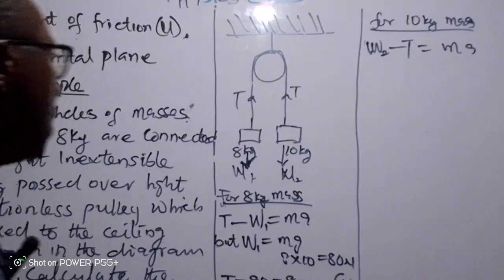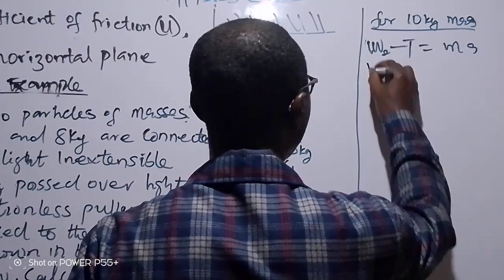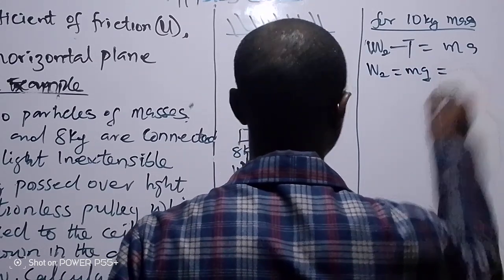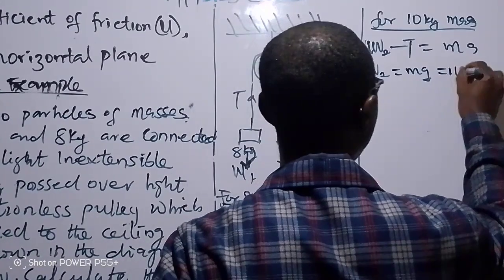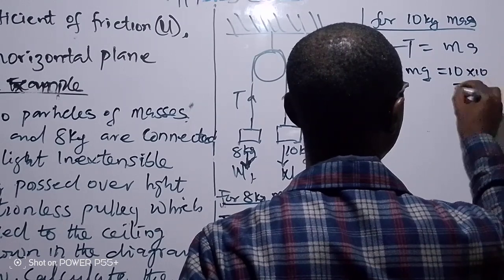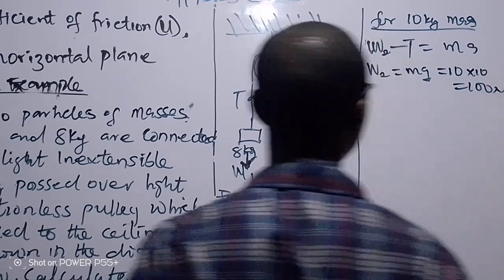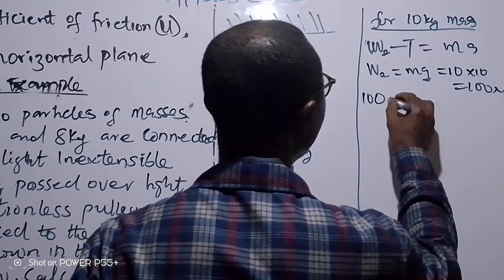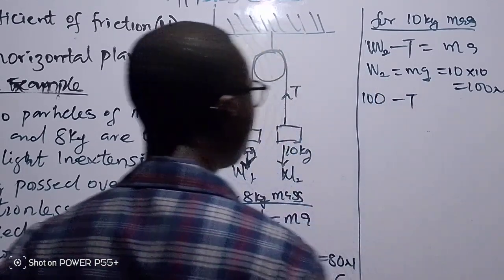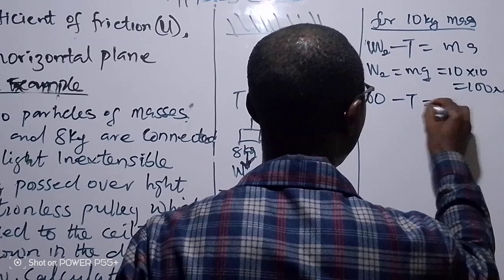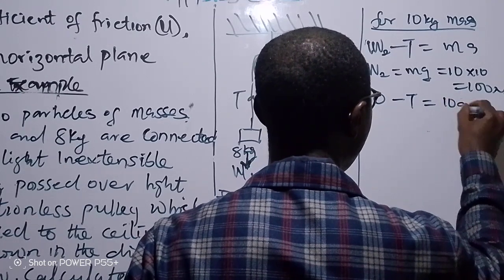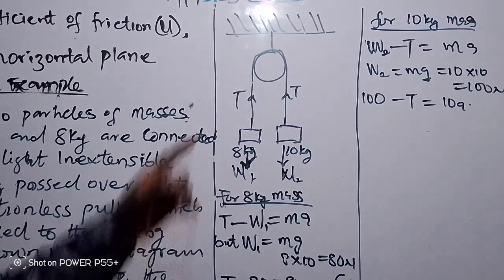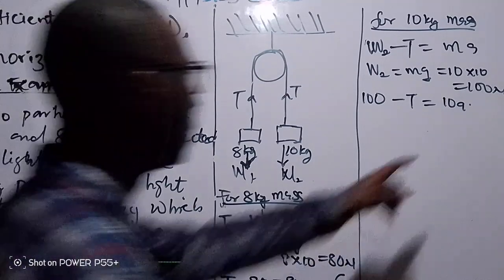And W2 here is equal to mg. The m here is 10, so that's 10 multiplied by 10, that is 100 Newton. Therefore, we are going to have 100 Newton minus T is equal to 10A, because the m there is 10.